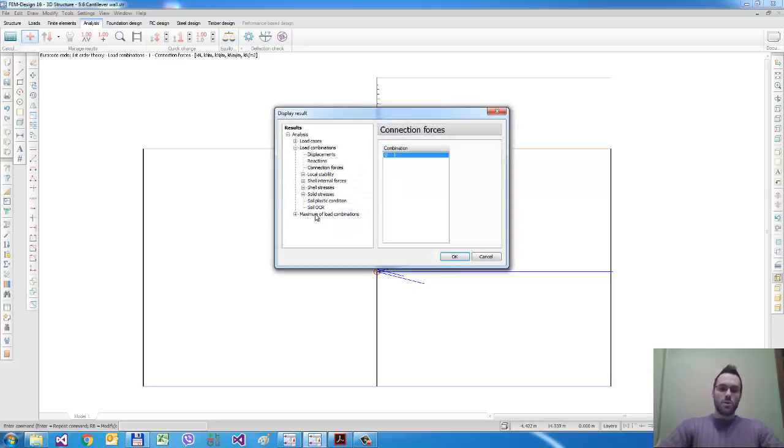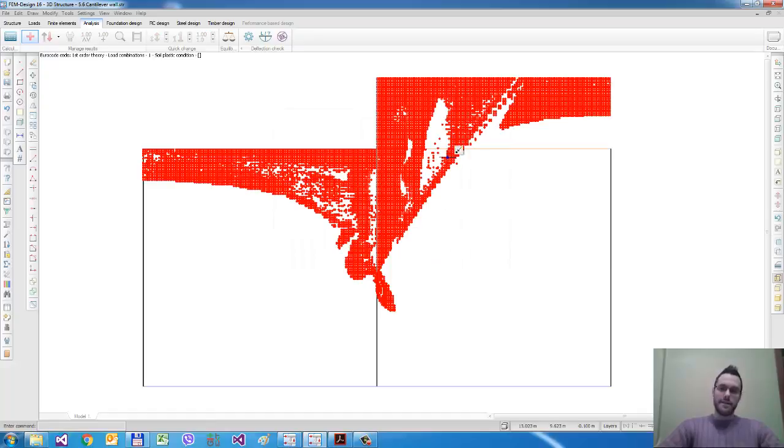And we can also show the soil plastic condition in this case, and you can see here also some kind of slip surface, and the slope of the slip surface is 45 degrees plus half of the friction angle. And here, the tangent of this part is the passive earth pressure situation.